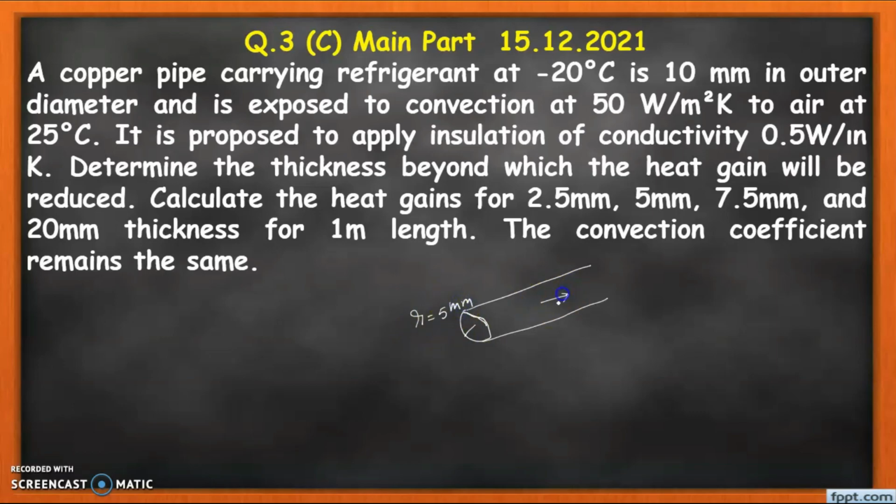In this pipe, refrigerant flows at minus 20 degrees centigrade and the convective heat transfer coefficient on the outer surface of the pipe is 50 watt per meter square Kelvin, and the medium is air, whose bulk temperature is 25 degrees centigrade. We need to apply insulation on this pipe to reduce the heat transfer from the refrigerant to the ambient in different cases. So students, first of all we write down the given data.